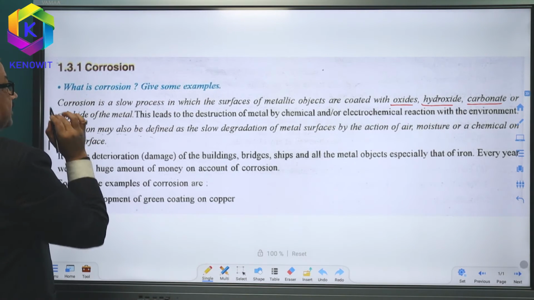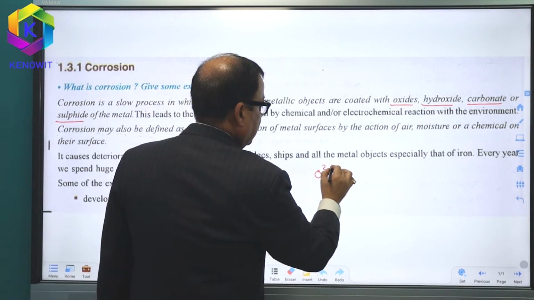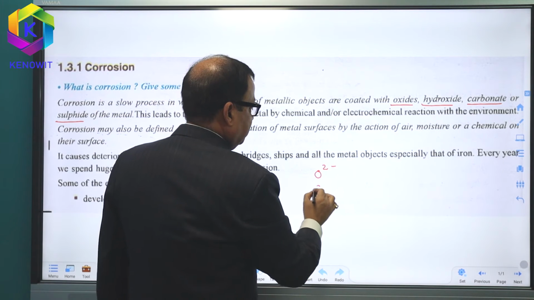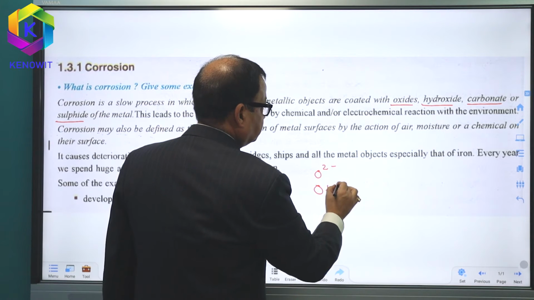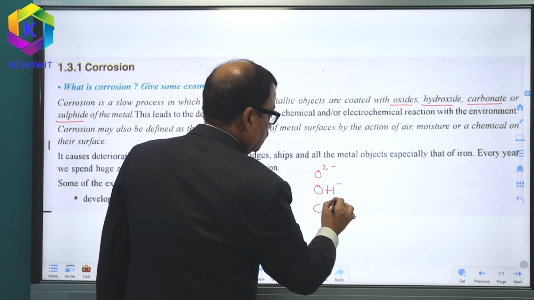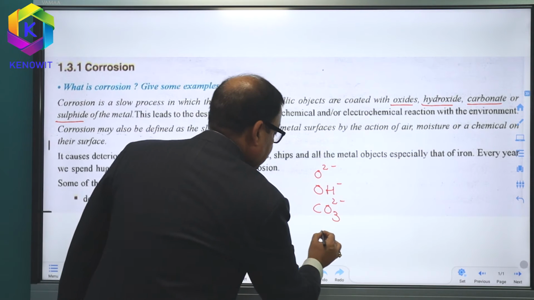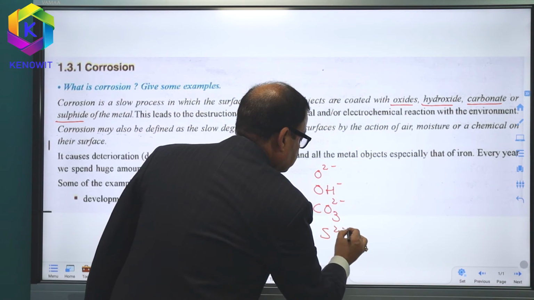Oxide means O2 minus, hydroxide means OH minus, carbonate means CO3 2 minus, and sulfide S2 minus.